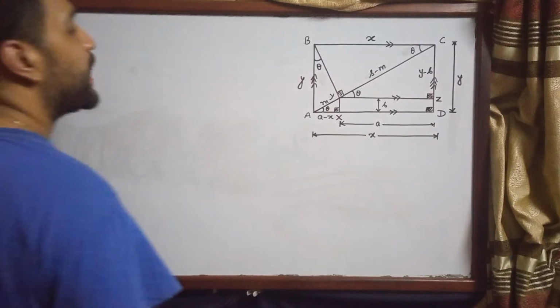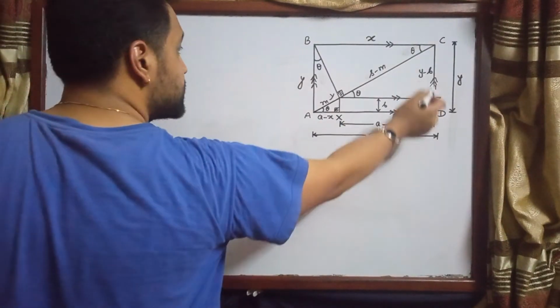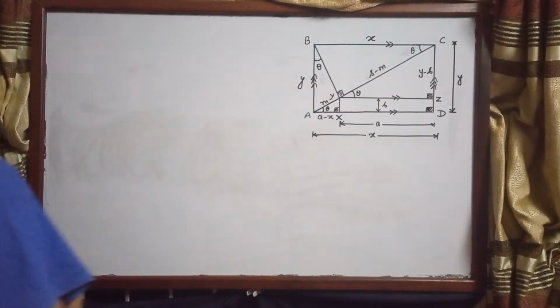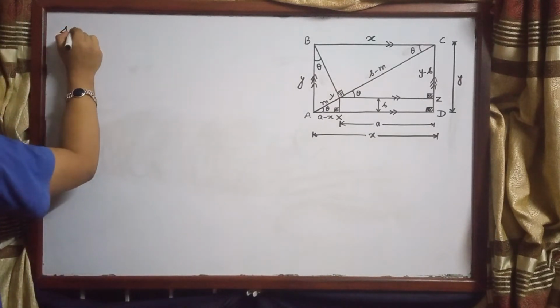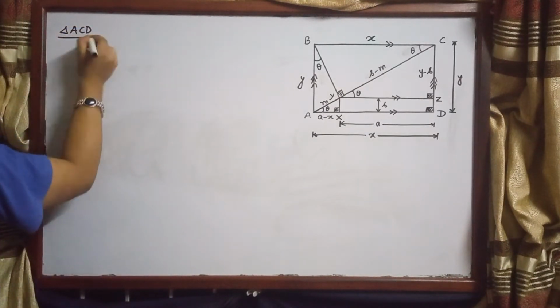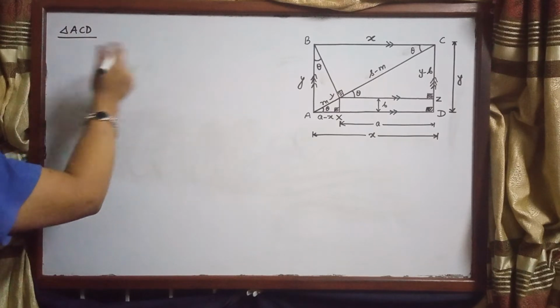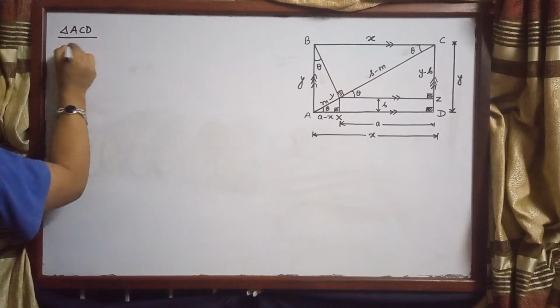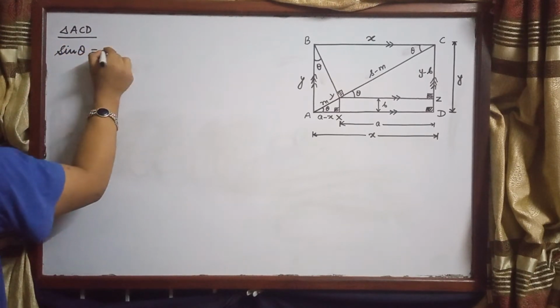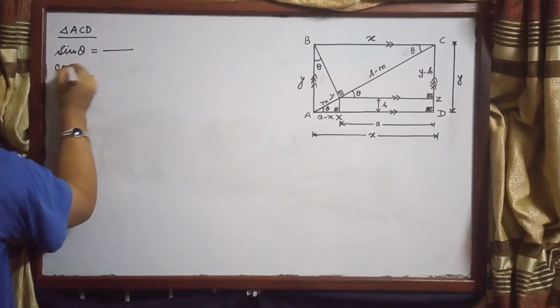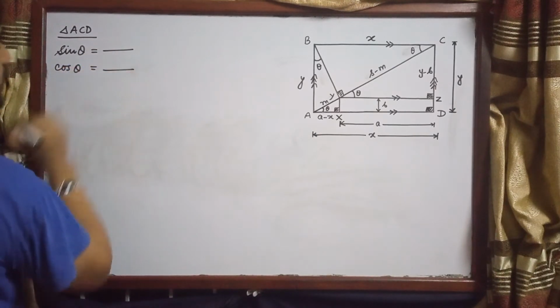Let's look at triangle ACD. We're going to obtain the values of sine theta and cosine theta from this triangle.